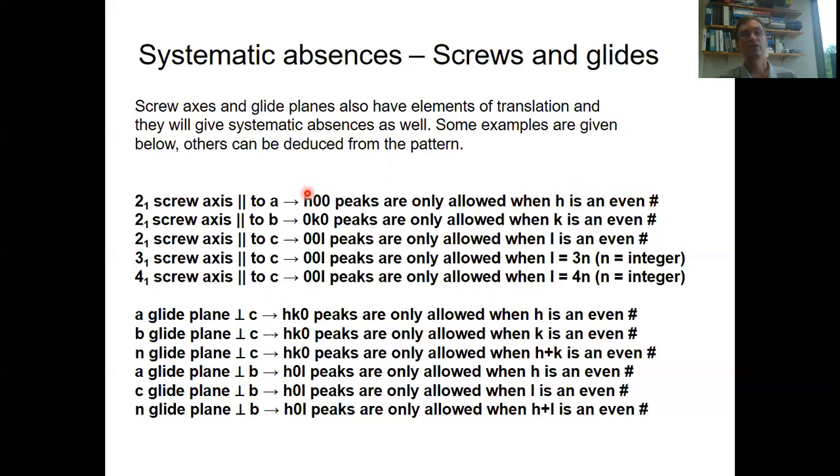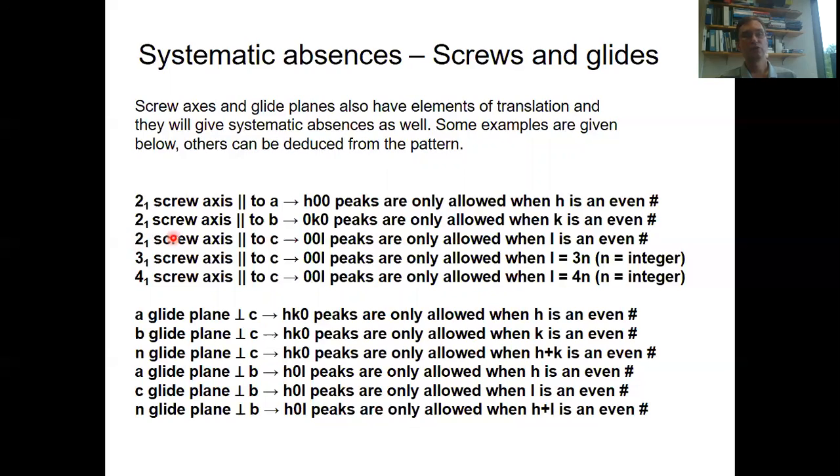That means that you can observe a 200, a 400, a 600, an 800, but you couldn't observe a 300. When the 2-1 is parallel to B, then for peaks of the type 0K0, K would have to be an even number.